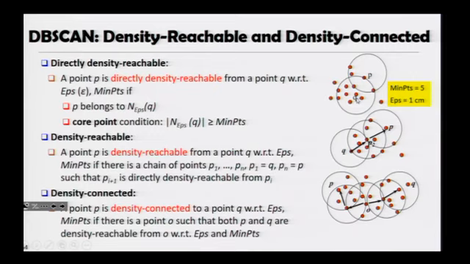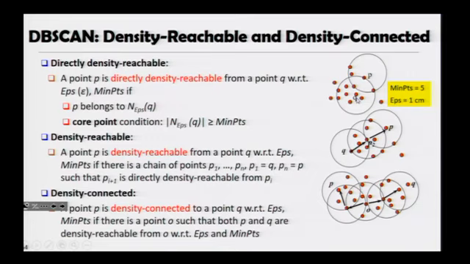One is asking whether the point Q is sitting in a dense enough space. That's decided by the core point condition. The core point condition basically draws the epsilon neighborhood for Q and then counts the number of data points in this N epsilon Q neighborhood, and then checks whether the number of data points in that neighborhood is larger than or equal to the minimum points you set.